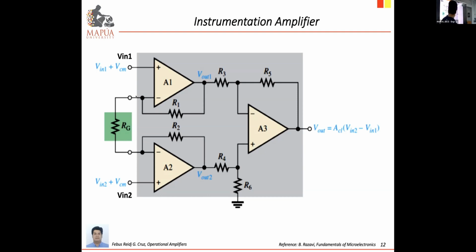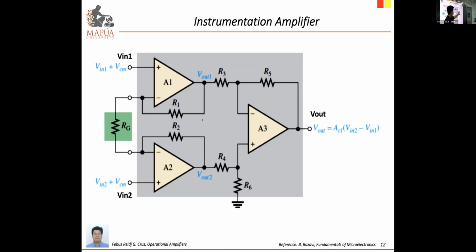All right, so again, if you are given multiple op-amps, the approach is to attack it and solve it one at a time. So we start with amplifier 1. First, we indicate the voltages. This is V-in1. You have here V-in2. Then between amplifier 1 and amplifier 2, we have a common resistor RG. This is actually your gain resistor. Later on we will find out why it is labeled as the gain resistor.